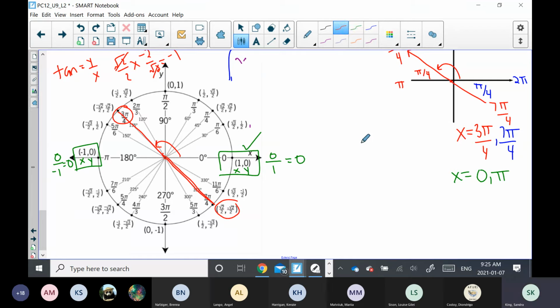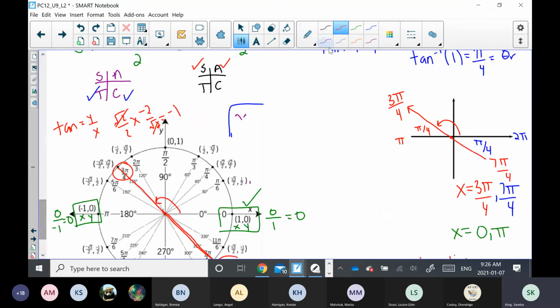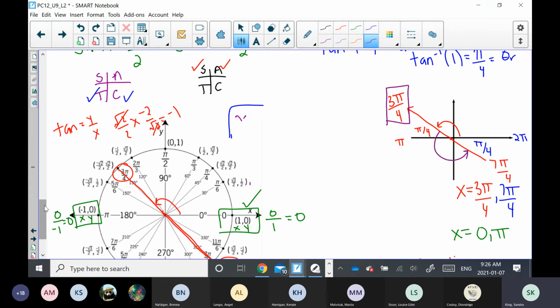To write the general solution for this, okay, so let's first write the general solution for this. So hopefully you see that this lands on a straight line. So again, if it lands on a straight line, we're not adding 2 pi n to each answer. You're taking your smallest, which is your principal angle, and to that number, in order to get to 7 pi over 4, you just need to add multiples of pi.